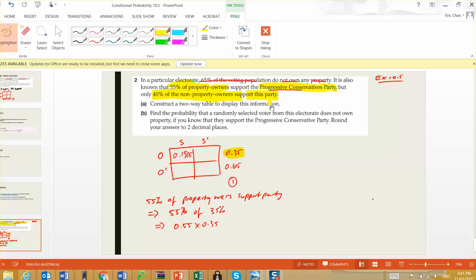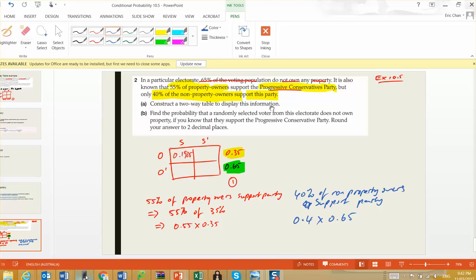So looking at the non-property owners, 40% of this number support the party, which means that 40% of 65% must be supporting the party but not owning property.